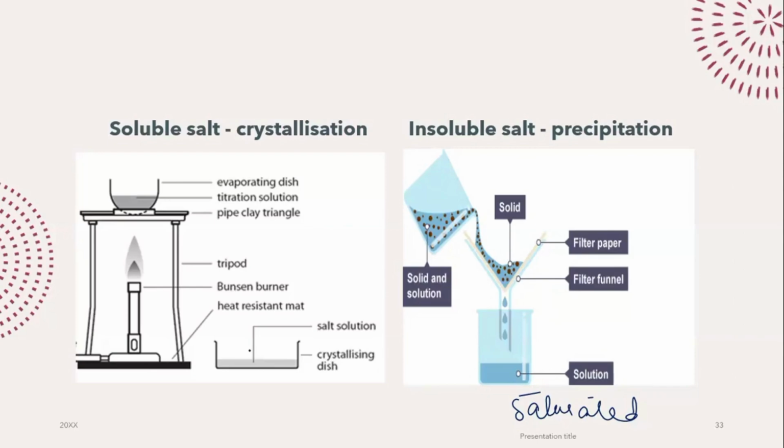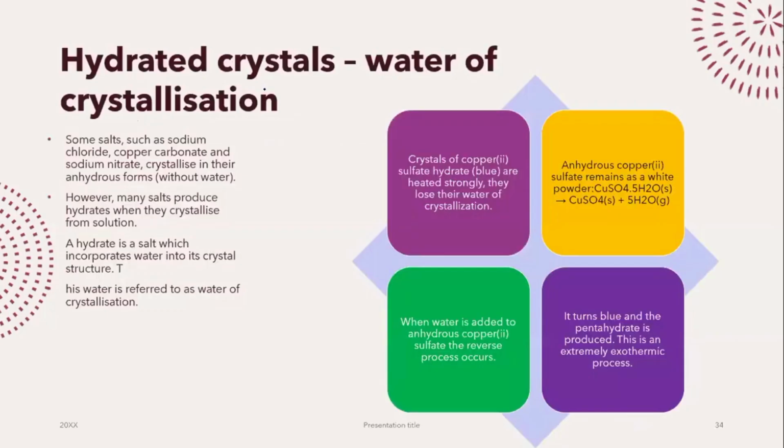Now, when we talked about the soluble salt, I mentioned to you guys that please do not get rid of all of the water. What's the reason for that? Why am I asking you guys not to get rid of all of the water? There's a logic for that. The logic for that is this. The crystals of soluble salt. So let's say that I have, for example, copper sulfate.